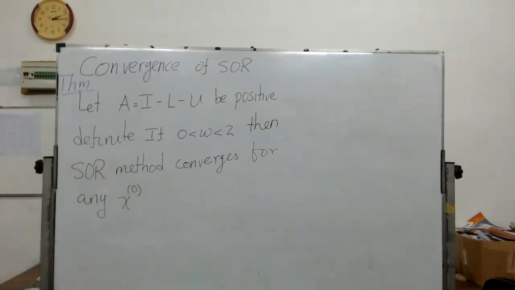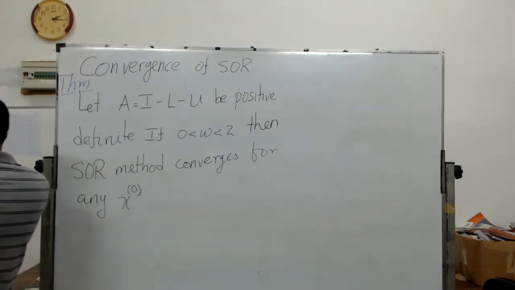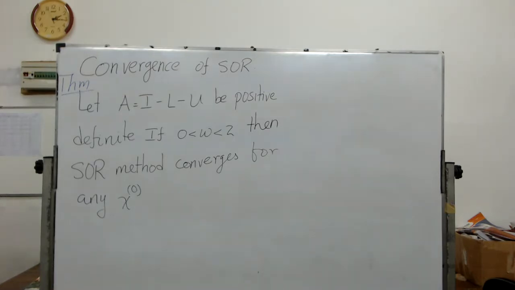If A, we always write it as I minus L minus U, with L being strictly lower triangular and U being strictly upper triangular. So that's an obvious thing, and I don't need to rewrite everything again. If the parameter omega we define here is a constant between 0 and 2, then the sequence generated by the SOR method converges irrespective of the initial value we choose. So that is the first result.